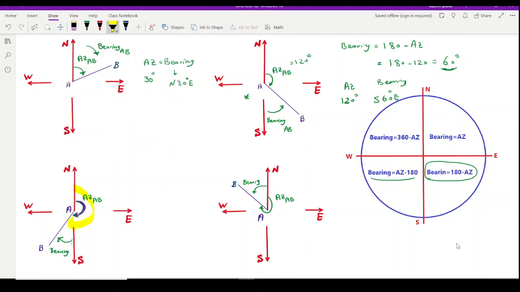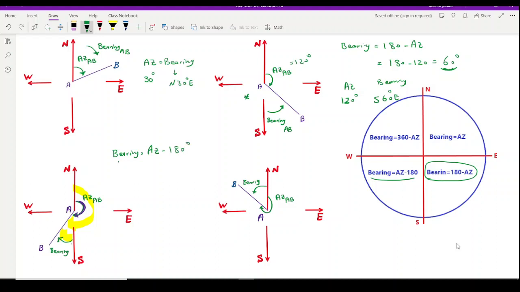Now, if you subtract 180 from it, what is remaining is this small angle that we are looking for, and that's our bearing. So bearing is going to be azimuth minus 180 degrees.